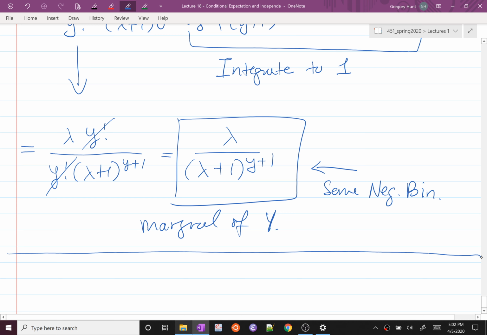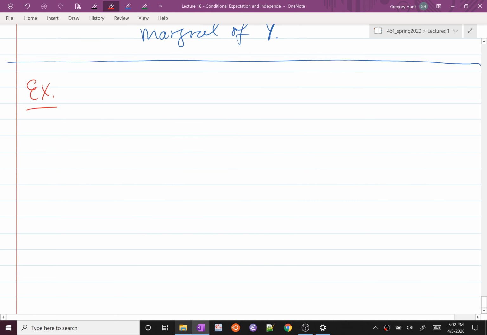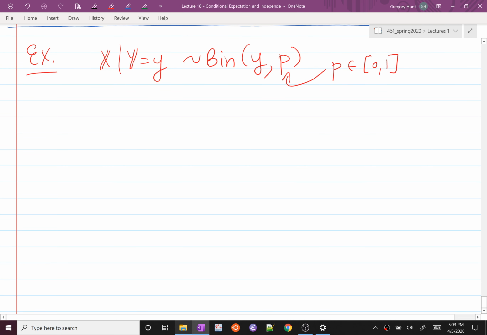So the next example we'll look at is a similar kind of thing. It is where x given y is binomial with parameter y and some p. So p is just some number from 0 to 1. Okay. So what am I saying? Given y is some little value y. Let's specify the distribution of y.